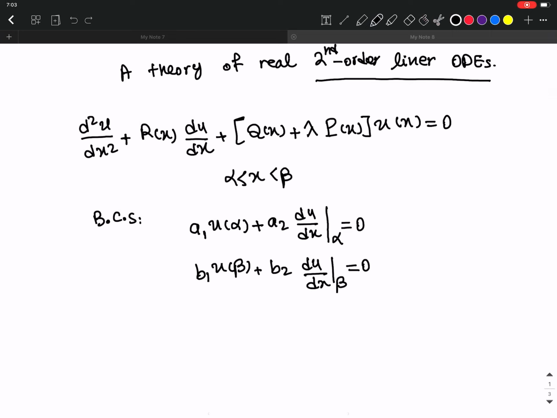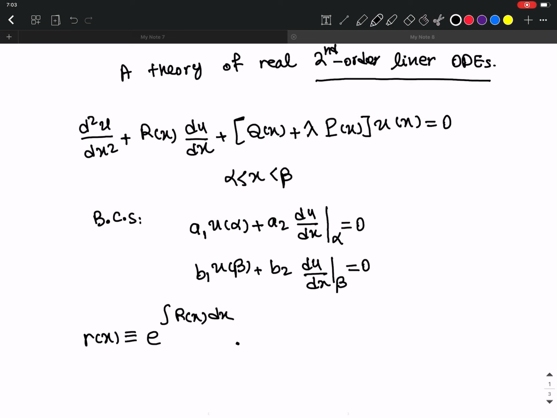So I'm gonna define some variables to simplify this equation into a more common form of Sturm-Liouville problems. I'm gonna define small r(x) as e to the power integral of capital R(x) dx.